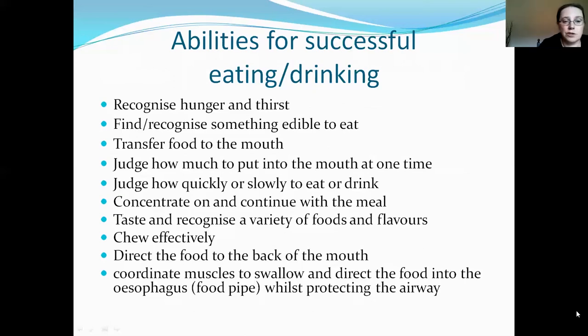You've got to concentrate throughout and continue with the meal. You've got to be able to taste, recognise a variety of foods and flavours. You've got to chew effectively. Then you've got to get the food to the back of the mouth, and then you've got to coordinate all the muscles in order to swallow and direct the food into the esophagus or your food pipe, whilst protecting the airway. And all of the above things need to be successful to maintain your nutrition and hydration.